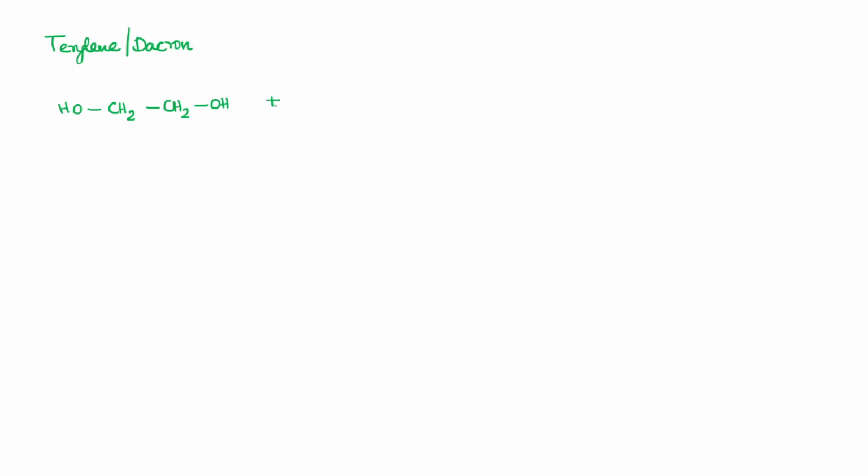Then this ethylene glycol is made to react with terephthalic acid, COOH. On the opposite side, you write one more COOH functional group. So this is going to give you terylene or dacron, which is an example of polyester.